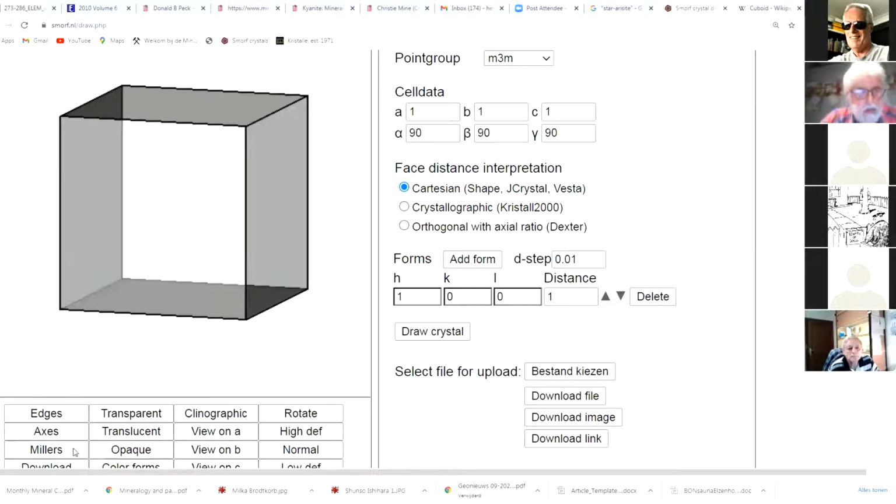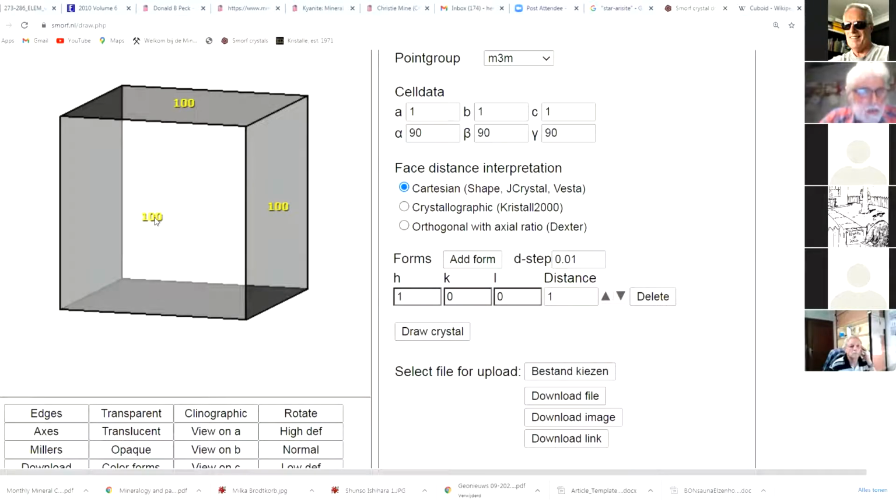Okay, if you click on Millers, it will actually show the Miller indices of the faces that you can see. One downside of this online Smorf version is that it shows the Miller indices of the form.